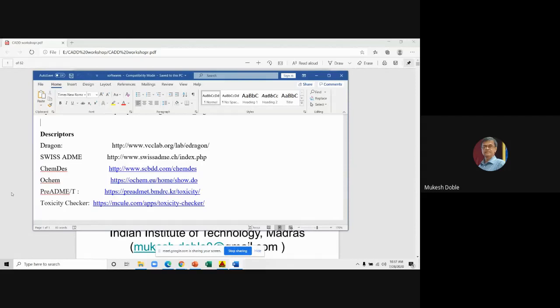SwissADME also tells you whether your molecule satisfies all these conditions. So we can modify the structure. I showed you because they also have the drawing feature. We can modify the structure and again recalculate some of these rules or properties. So we can design molecules on the screen itself.